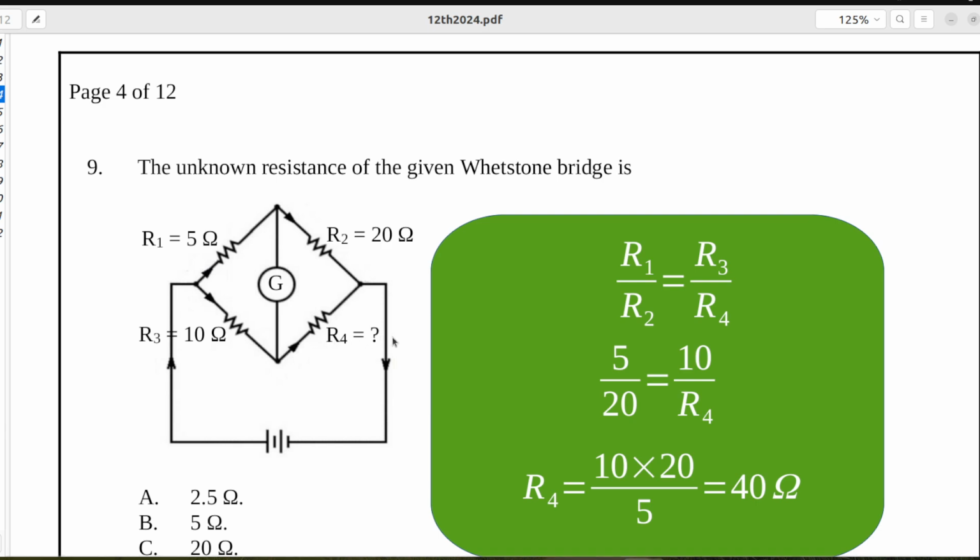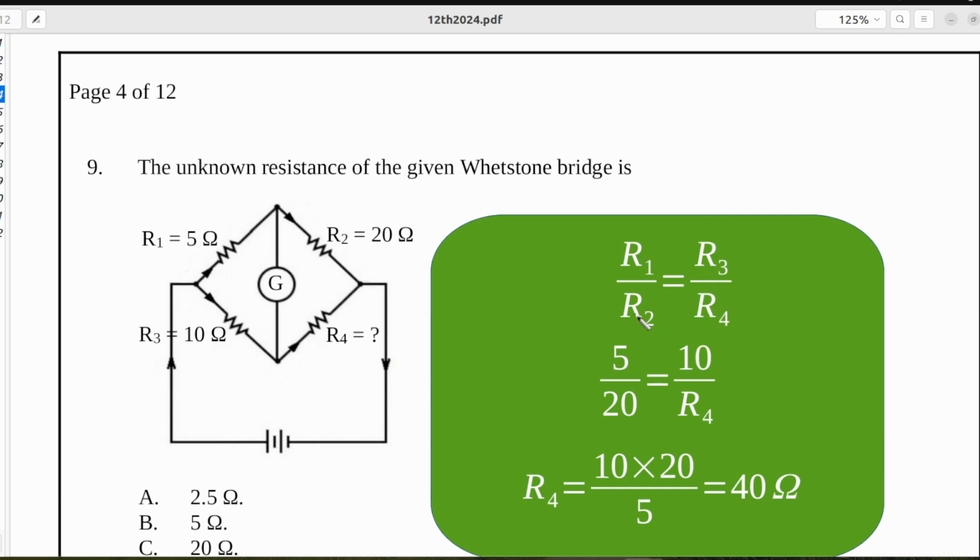We know that for a balanced Wheatstone bridge, it must fulfill the following relation, which is the ratio of R1 to R2 must be equal to the ratio of R3 to R4.